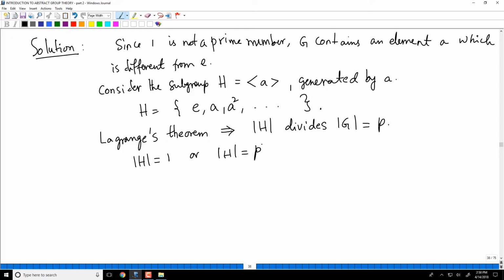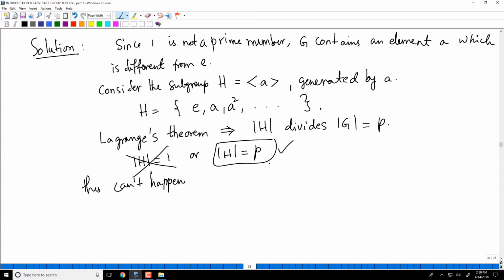So the order of H is either 1 or P. Clearly the order of H cannot be 1. Why can't this happen? Because H contains A and E which are distinct. So H cannot be an order 1 group. So the order must be P.